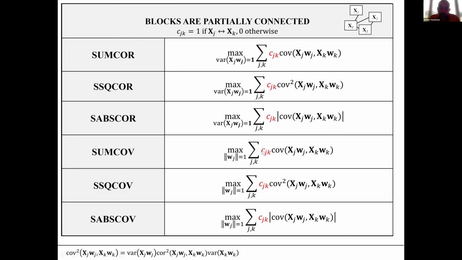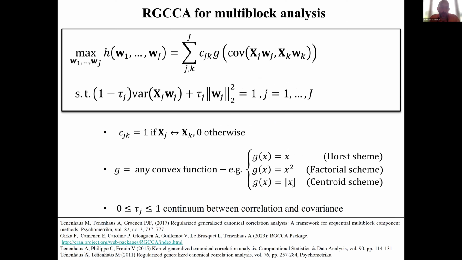So you have a function g, which is equal to x squared or the absolute value of x. So we apply a function of the covariance between block components, for connected components. So we consider all the block components, the covariance between connected block components, and we are looking for a weight vector that maximizes this function.